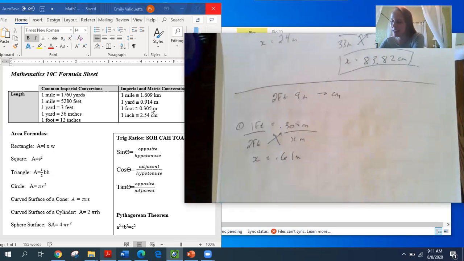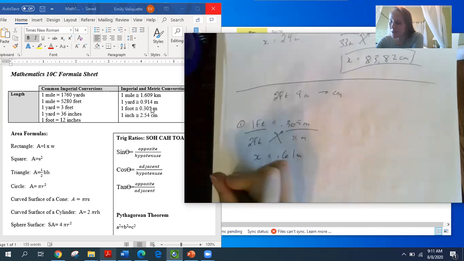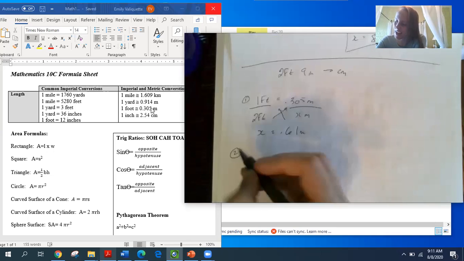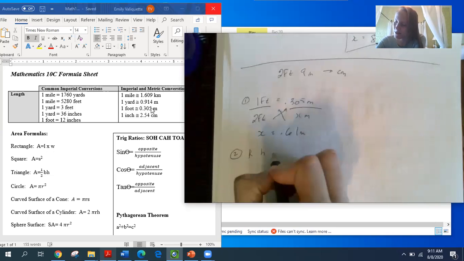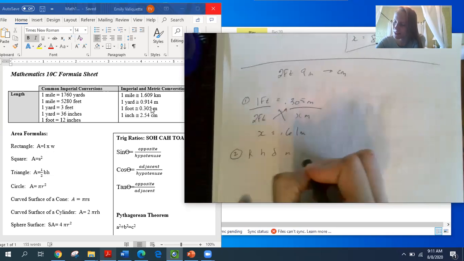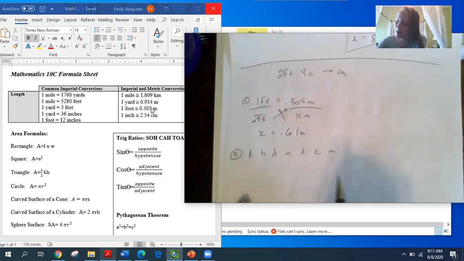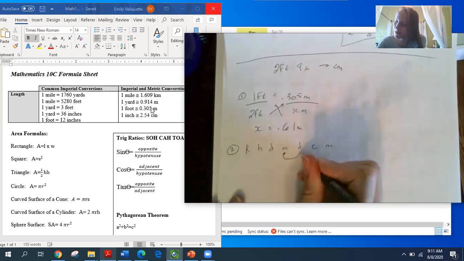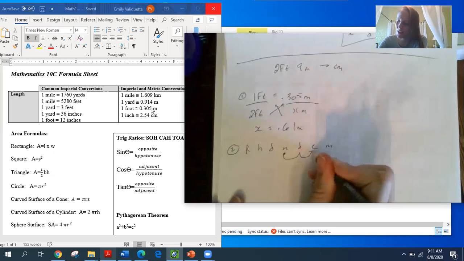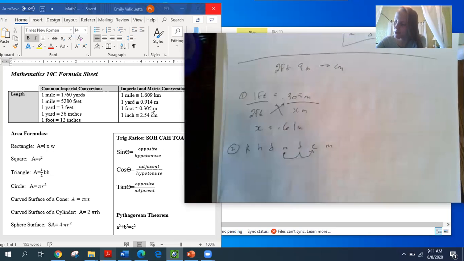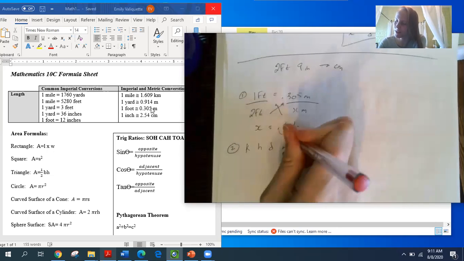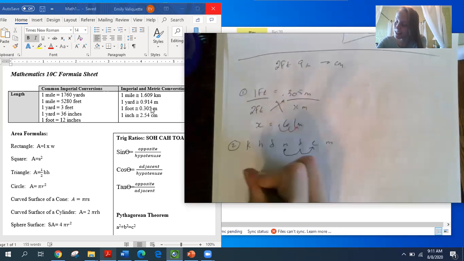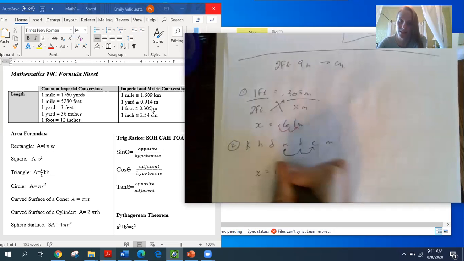My next step is going to be to convert that meters into centimeters. So to do that, I'm going to do my King Henry drank milk during Christmas Mass. And I'm going between meters over to centimeters. So I'm going to move 2 spots to the right, which means I take my decimal and move 2 spots to the right. So that means that x is 61 centimeters.